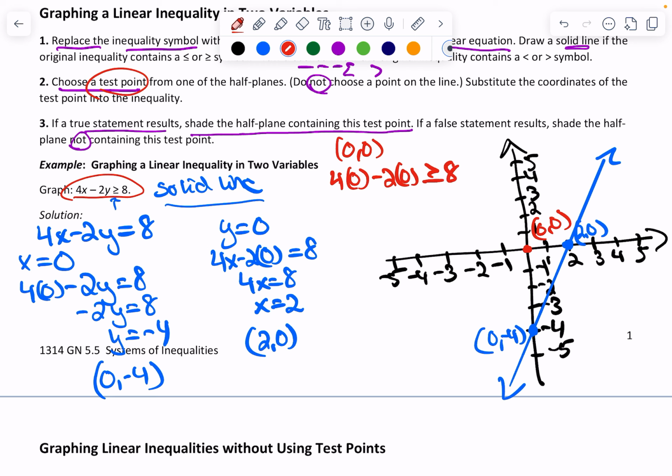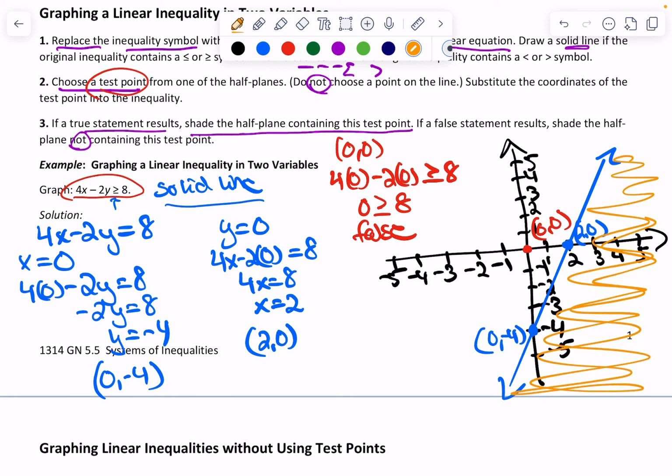Well, that's 0 is greater than or equal to 8. This is false. 0 is not greater than 8. So we know the half plane is not on the side where 0, 0 is. We are going to be shading the opposite side, so it's this side.